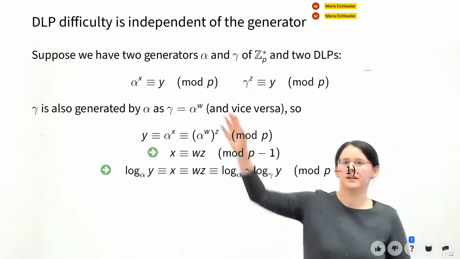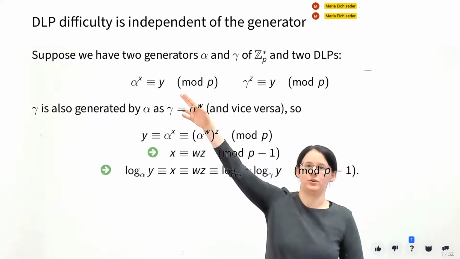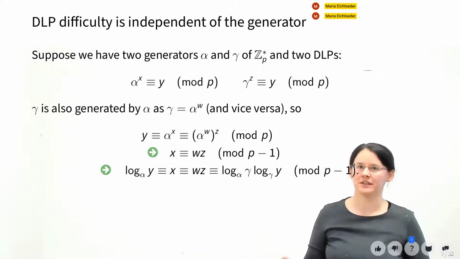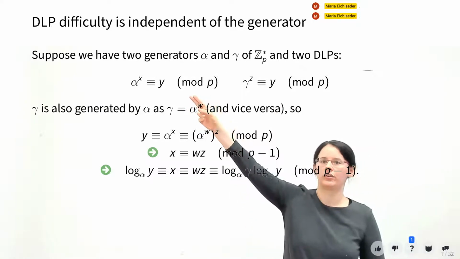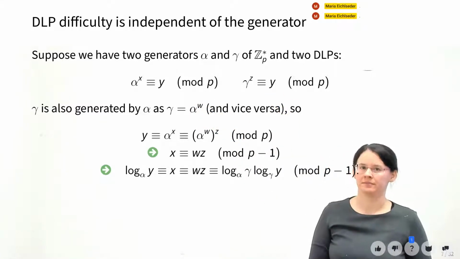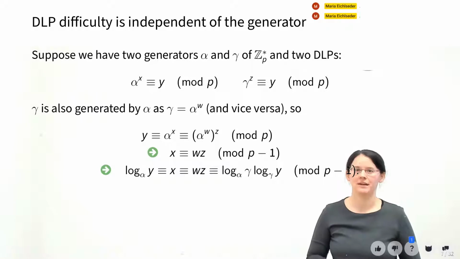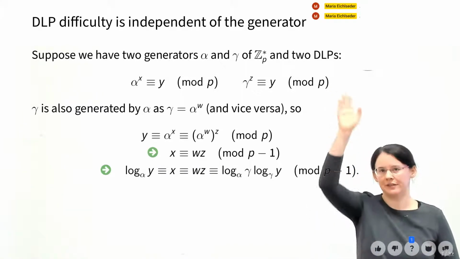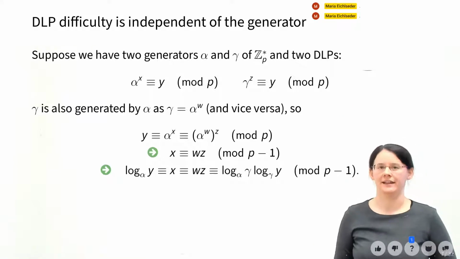In other words, if this one were very easy to solve, then this would also be very easy, because I simply need to evaluate two logarithms of that sort to get one logarithm of that sort. So the choice of the basis can't be that important, at least in the group we're looking at here.